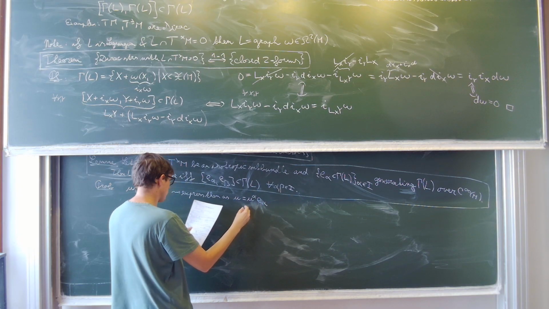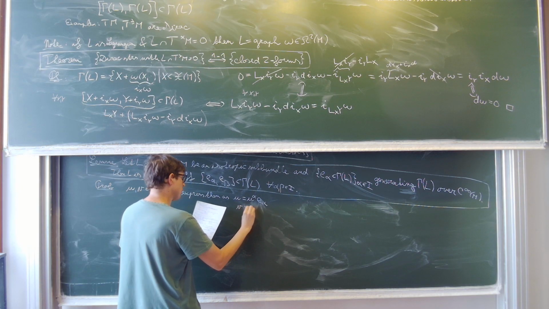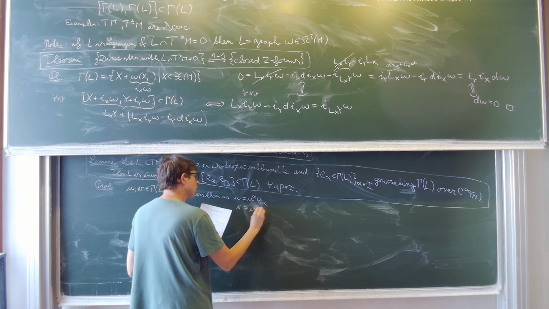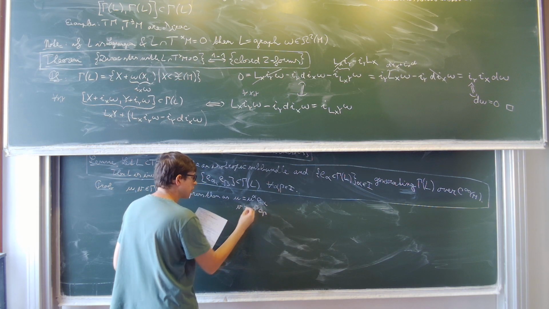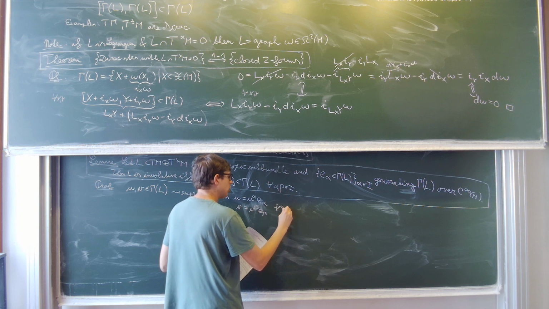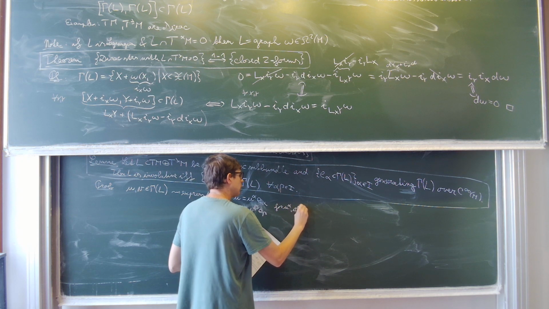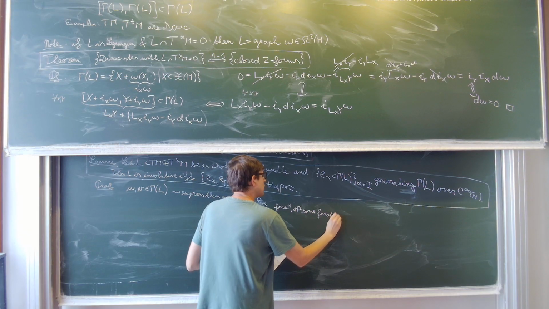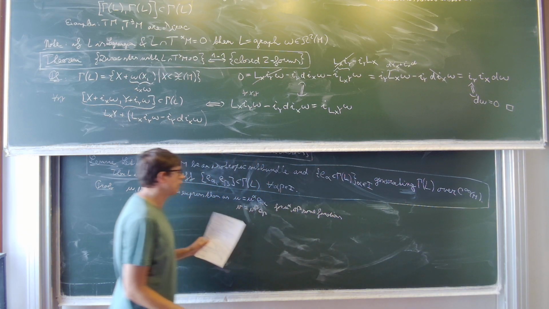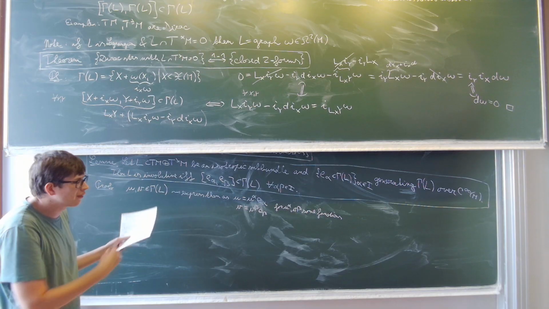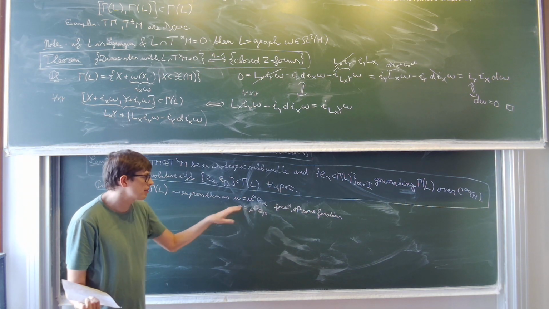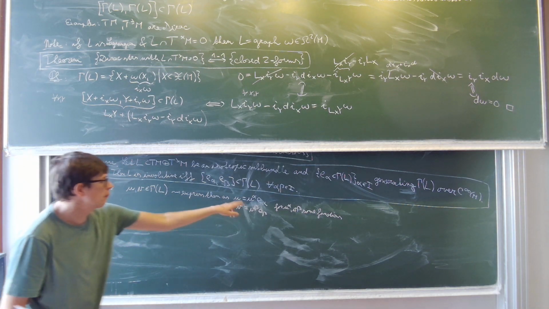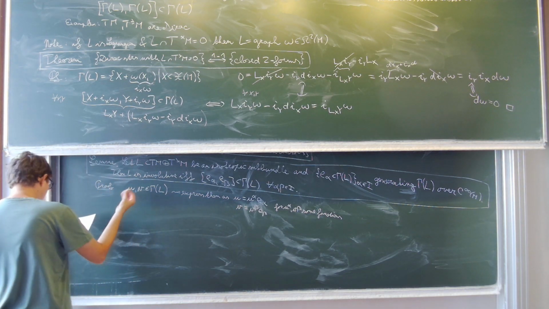Again, the summation is assumed here, for some functions. I don't need that they are uniquely expressible. I just say take any functions such that this works. There is a sum, and now let's calculate.